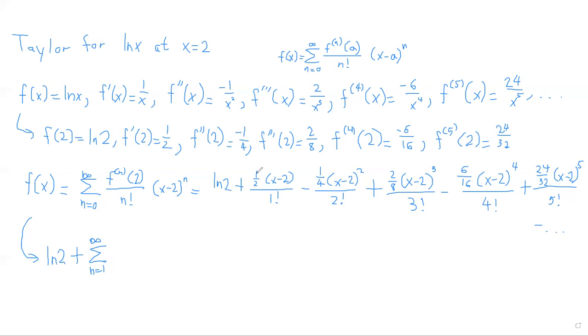Okay, so let's see. I found a pattern here. 1 over 2, then negative 1 over 4. I'm gonna just focus on these fractions first. So it's very obvious we're going to need a negative 1 to the power of n, first of all. And then 1 over 2, what do these have in common? They have in common a factorial.